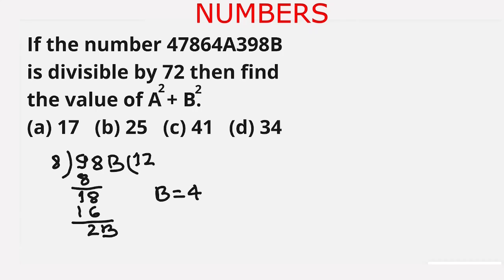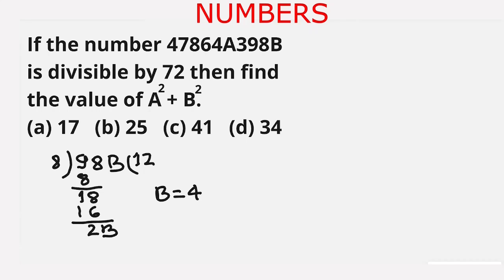Now we have to find the value of A. As this number is also divisible by 9, and we know the divisibility rule of 9, that is the sum of digits must be divisible by 9.